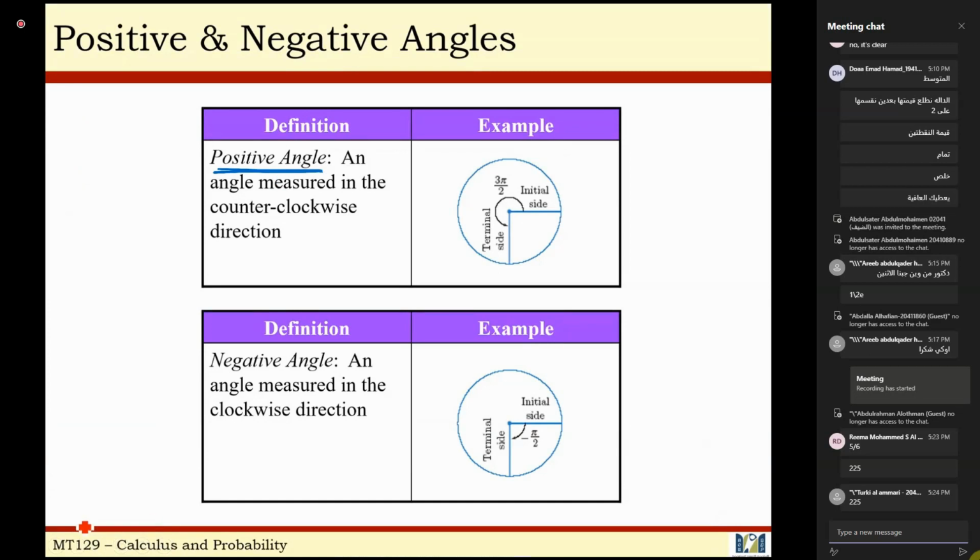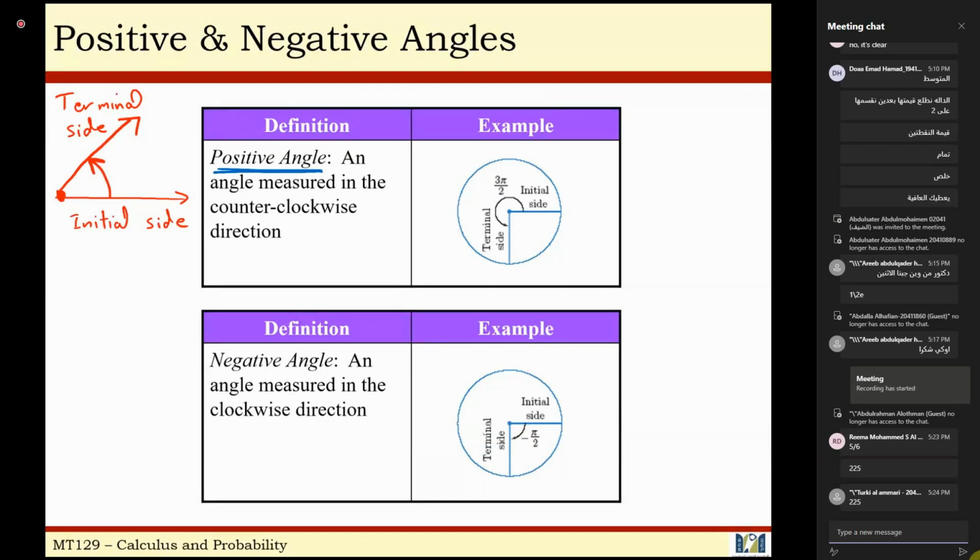If we have a positive angle, we have the initial side and we have the terminal side, and we move counterclockwise from initial to terminal.